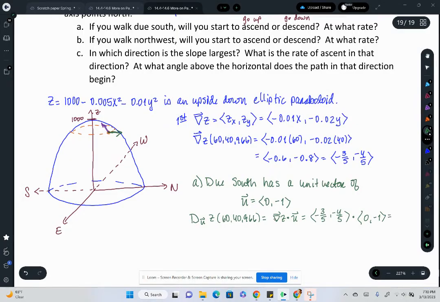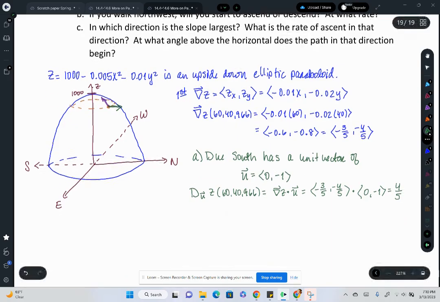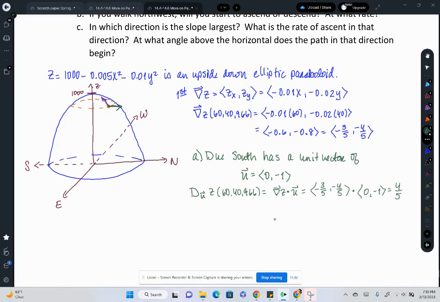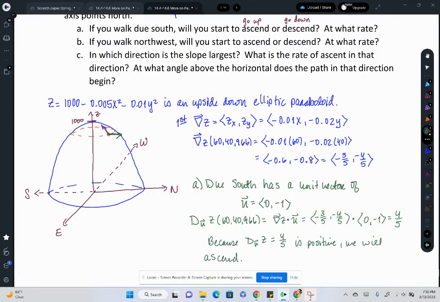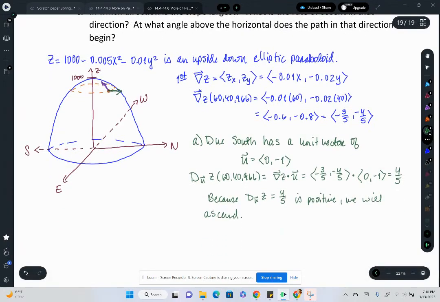And when I dot that, I just get back 4/5. That is a positive value. So because D_u z equals 4/5 is positive, we will ascend. The question was, will you start to ascend or descend? We will start to ascend. We'll be going uphill. And at what rate?